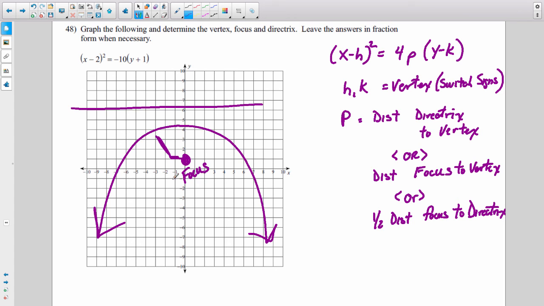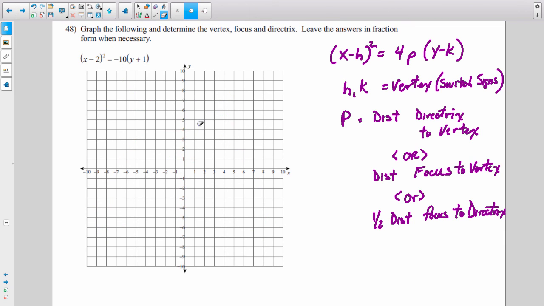So a vertex is always the tip of a parabola, whether it's on the top, or maybe it's a parabola that opens upward and it'll be on the bottom. But regardless, the vertex is at the very tip of a parabola. The focus is always inside the parabola, and the parabola always opens up in the opposite direction of the directrix. It runs away from it.